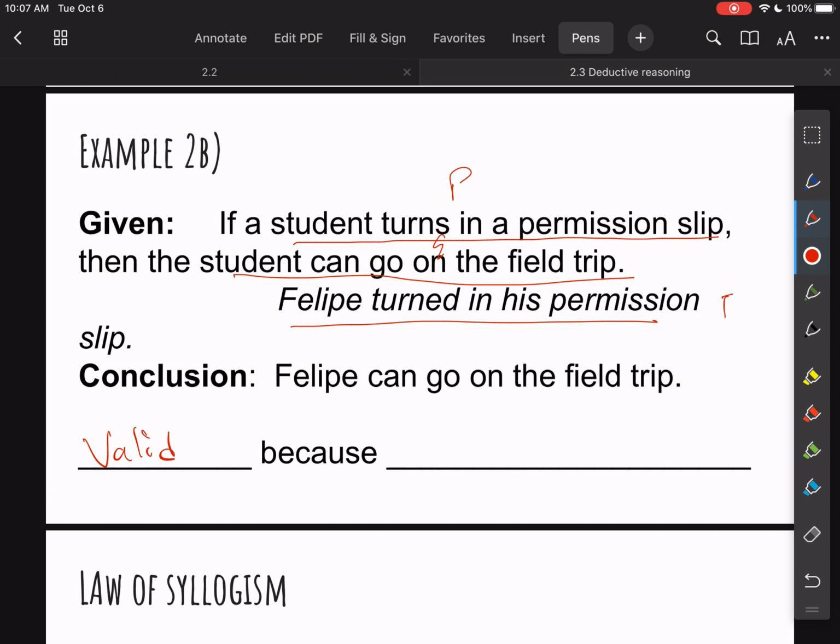because we could say P is true. And since P is true, we can use the law of detachment to conclude that Q is true. So we can just say law of detachment, since we've talked about what that is.